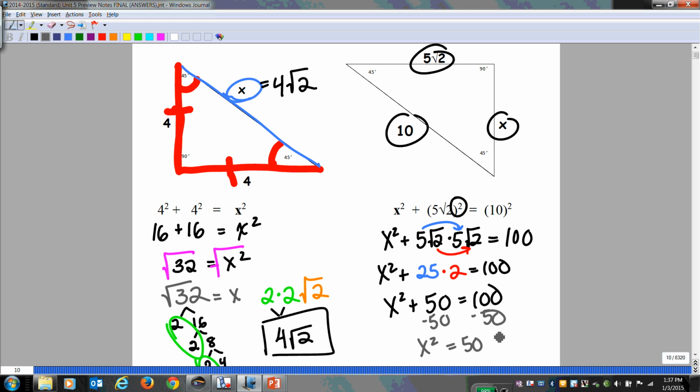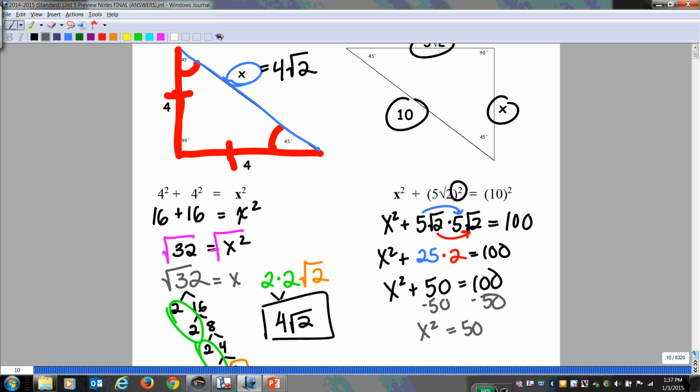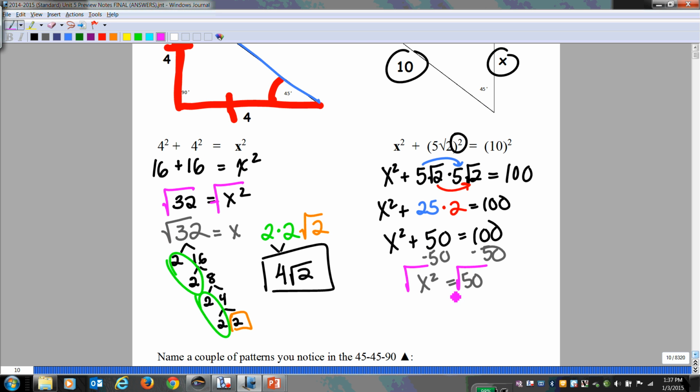So we have x squared equals 50. Square root both sides. We have a pair. The pair is 5. Square root of 2.